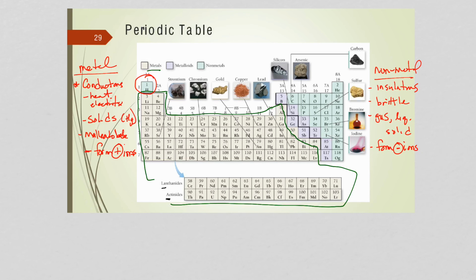And then finally we have a select group of elements, about 8 of them, that make up this sort of diagonal borderline between the metals and the nonmetals, and these are called the metalloids, or sometimes called semimetals. And these are intermediate.